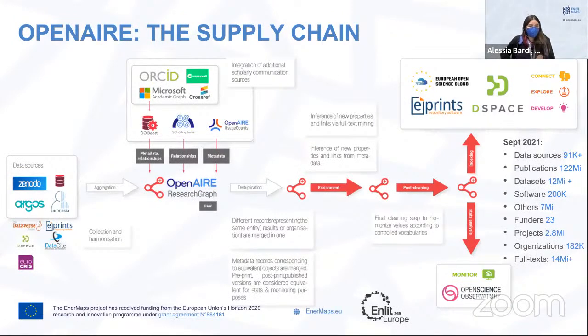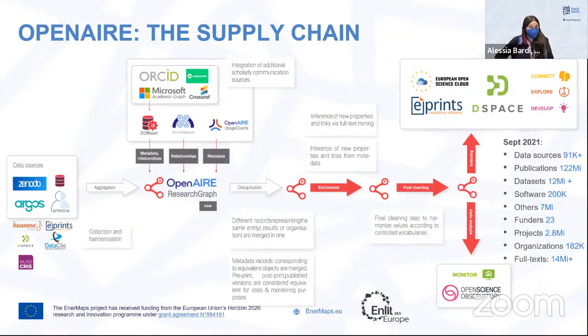So as you can see in this slide, the OpenAIRE Research Graph is not simply the result of collecting metadata from 1,000 sources. Without going into much detail, OpenAIRE also detects duplicate records. So for example, the preprint and the published version of an article appear as two versions of the same publication in the final graph.